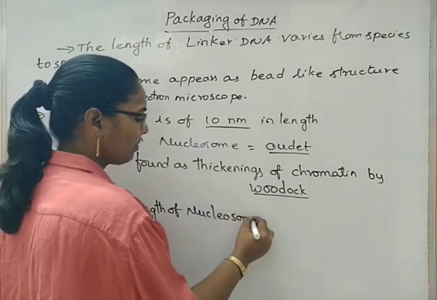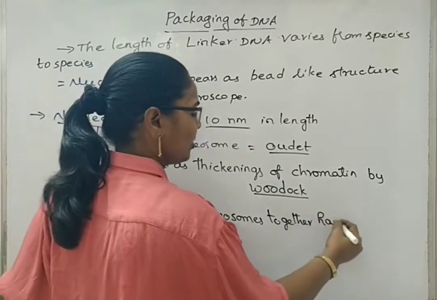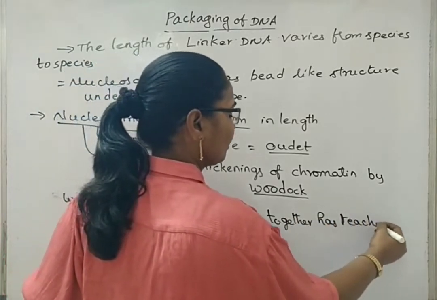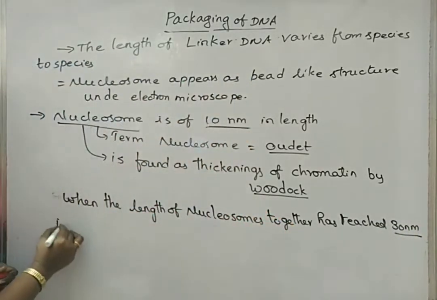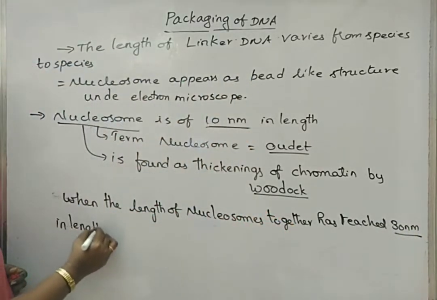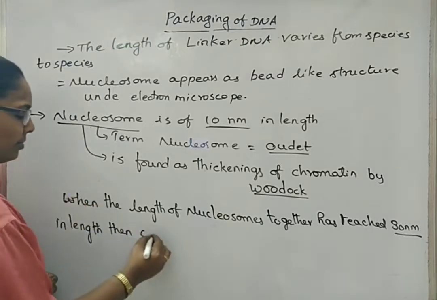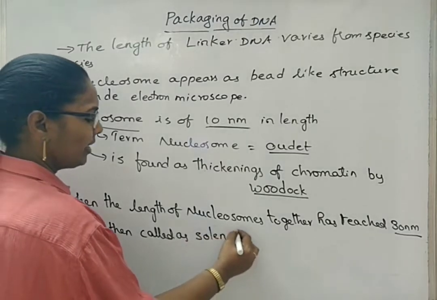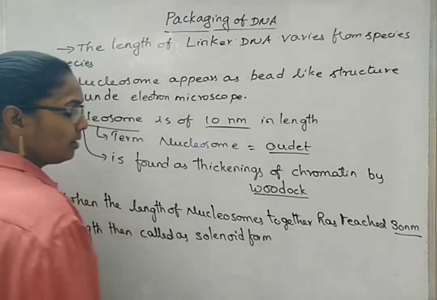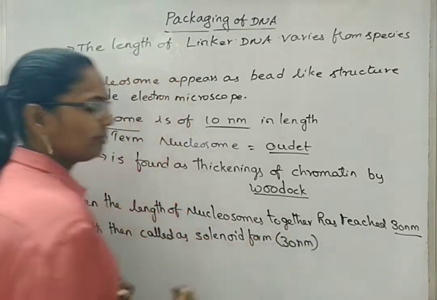When nucleosomes together have reached 30 nanometers in length, then called as solenoid form. Now the length changes, that is 30 nanometers in length.